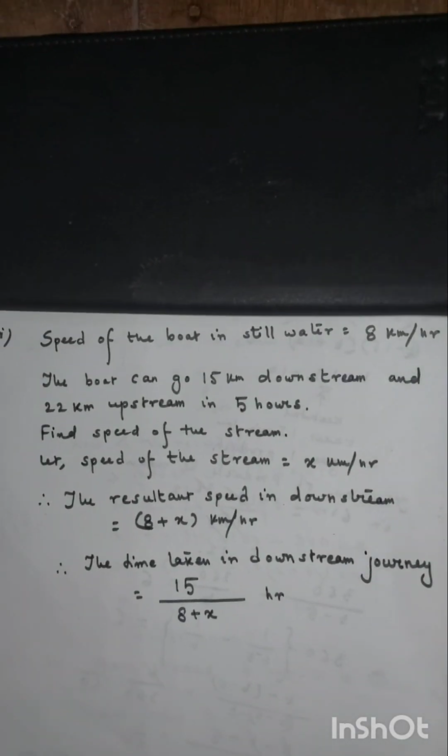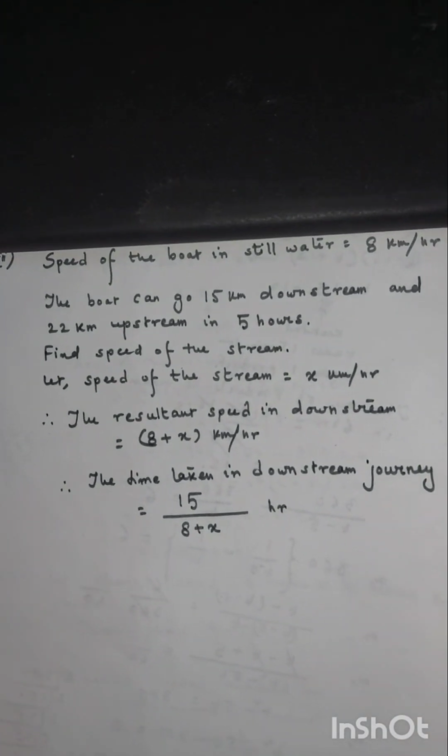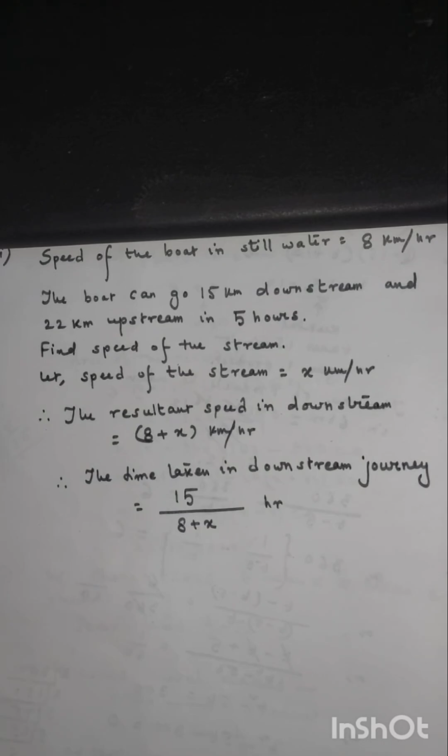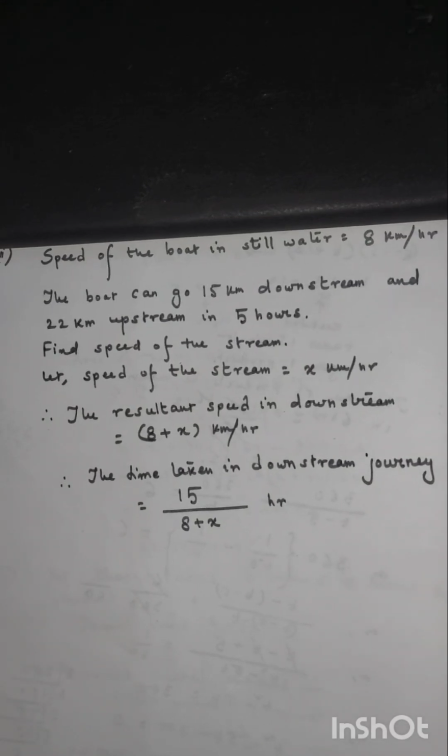Now when the boat goes upstream, the river current is flowing opposite to the direction of the movement of the boat. That means the river current is actually opposing the movement of the boat. That is why the resultant speed in upstream should be the difference of these two speeds.